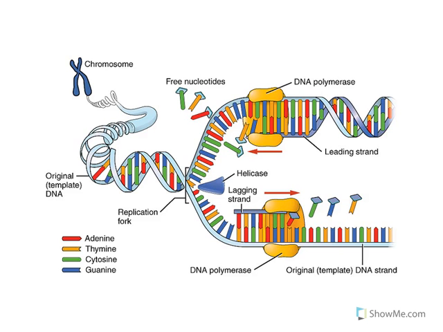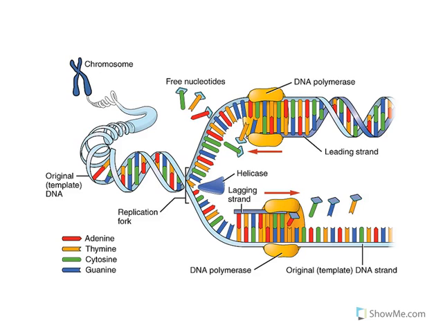Now, we said that DNA controls the transmission of traits from parents to offspring. In order for DNA to be passed on, it has to replicate. And this replication is going to take place before mitosis and before meiosis. And it's going to happen in the nucleus because that's where the DNA and the chromosomes are going to be found.